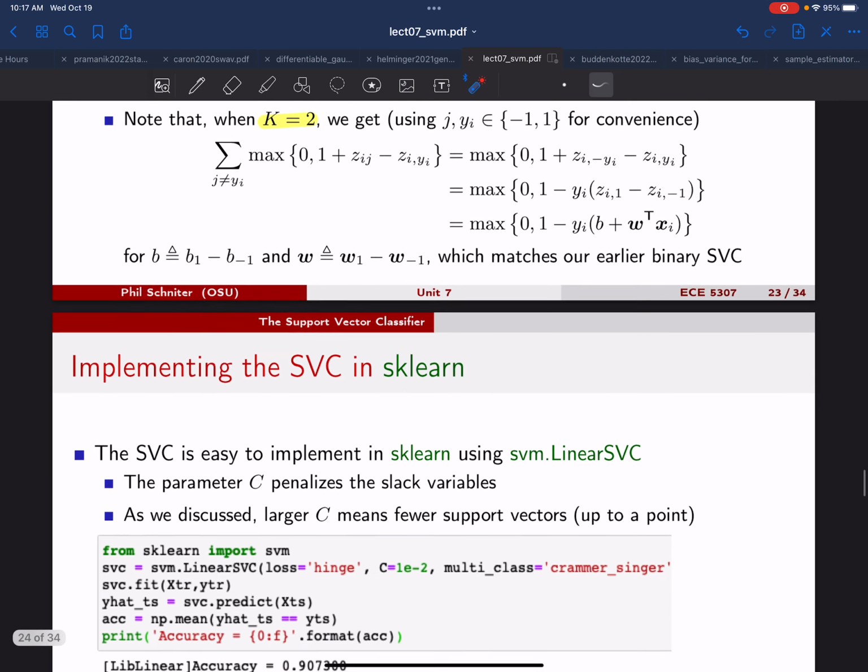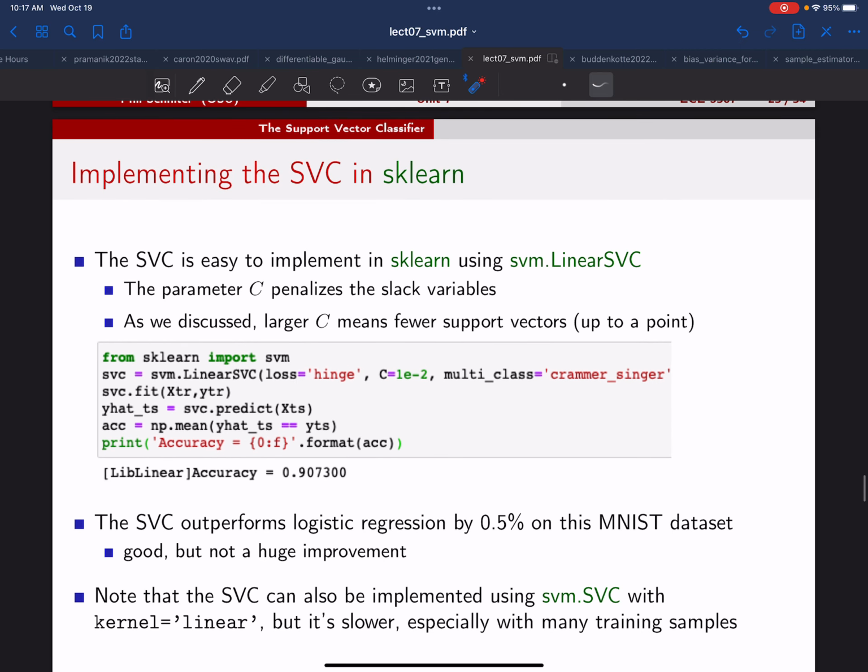Okay, all right, so the last thing to talk about is how we implement this in scikit-learn. So not surprisingly, it's pretty easy and pretty similar to the other logistic regression classifiers that we've seen before. So we use this linear SVC approach. The word linear will be clear in a few more slides.